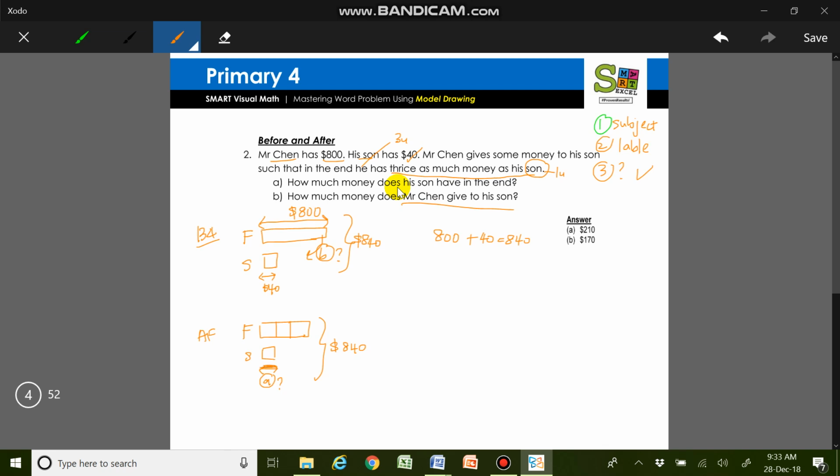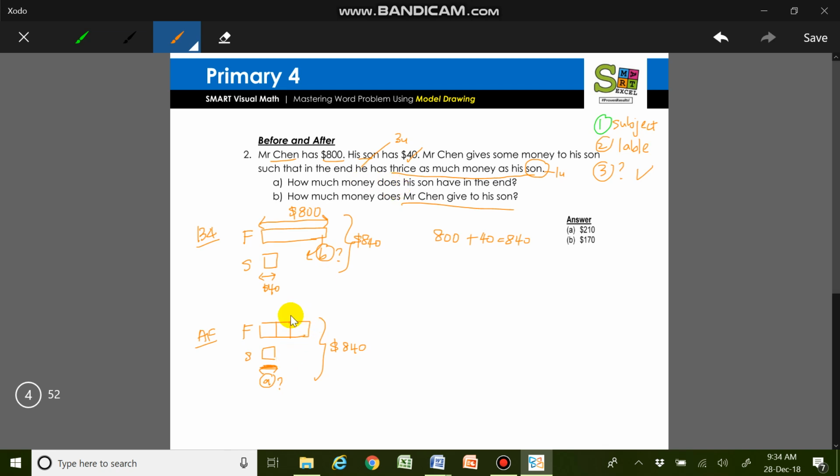Looking at the after model, we must always tell our child to find what is equivalent to the 840. Always find the equivalent. Equivalent means how many units equal the dollars, or how many units equal the number of fruits.